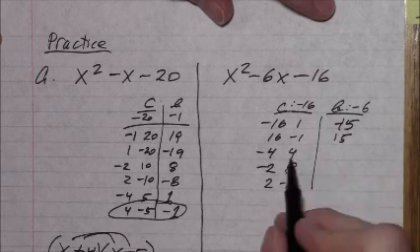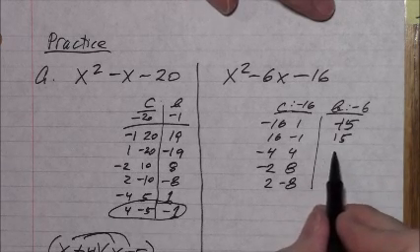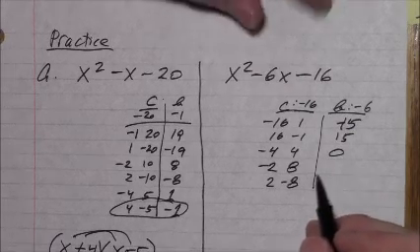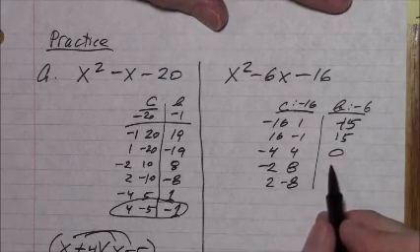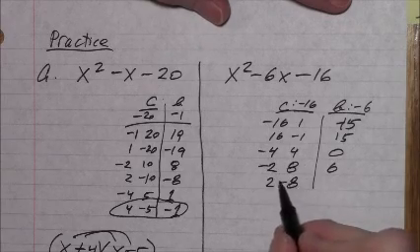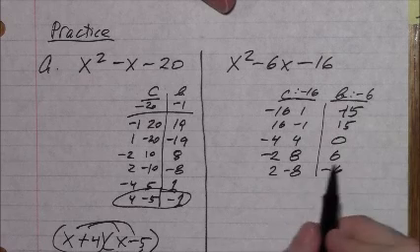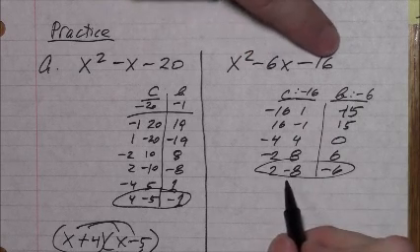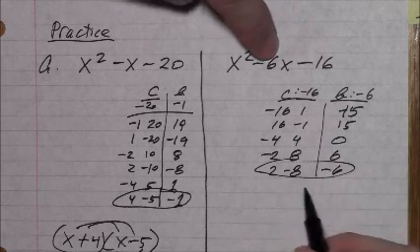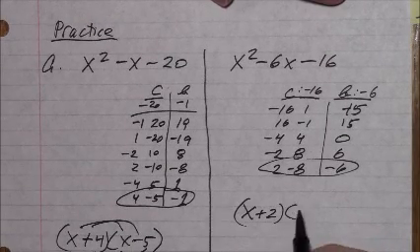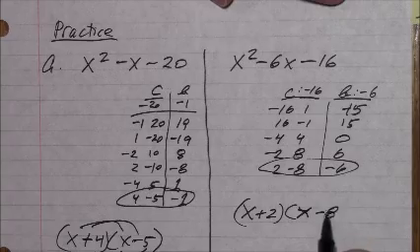That one's 15. That would be 0. So if that were true, that means there wouldn't be anything in here. 8 minus 2 is 6, and negative 8 plus 2 is a negative 6, or 2 take away 8. So it looks like this combination will multiply to make that one and add to make that one. So that means I can do x plus 2 and x minus 8.